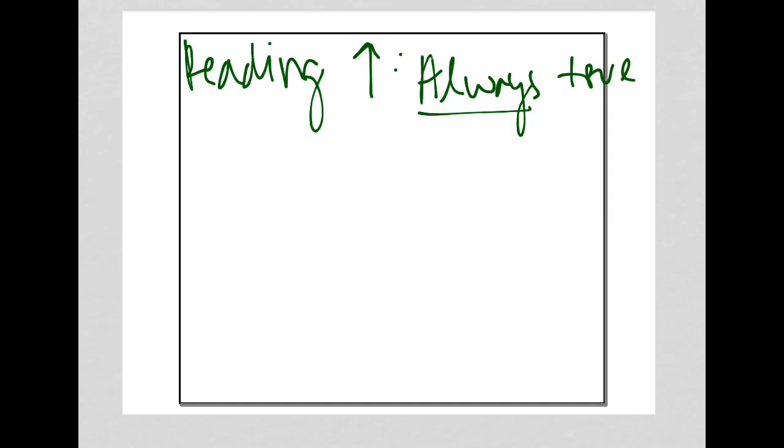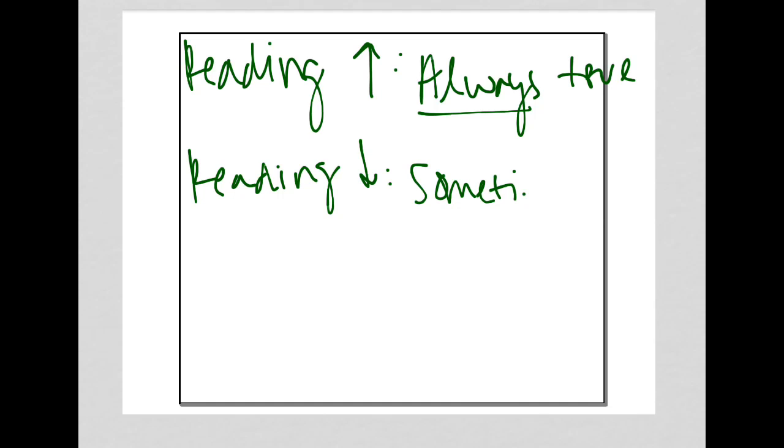Okay, if you're reading down, meaning going from trapezoid to isosceles trapezoid or parallelogram to rhombus, okay, reading down is only sometimes true. Okay, sometimes a trapezoid is an isosceles trapezoid, sometimes a rectangle is a square, sometimes a quadrilateral is a kite, okay, but not always.